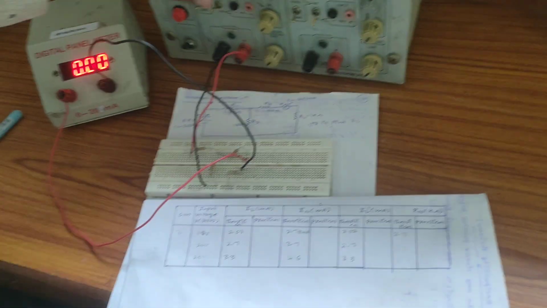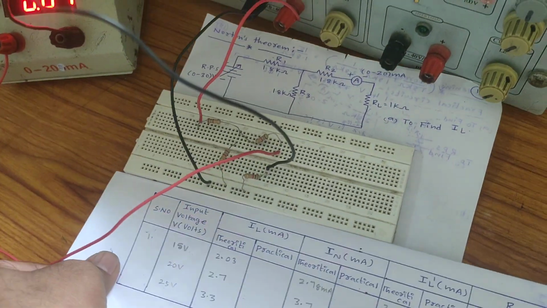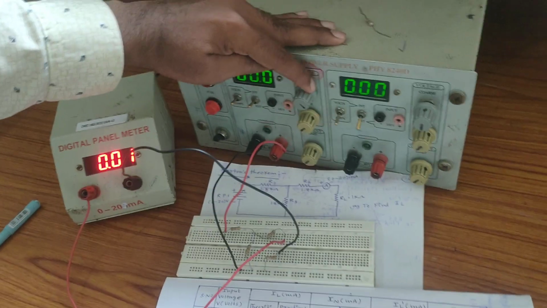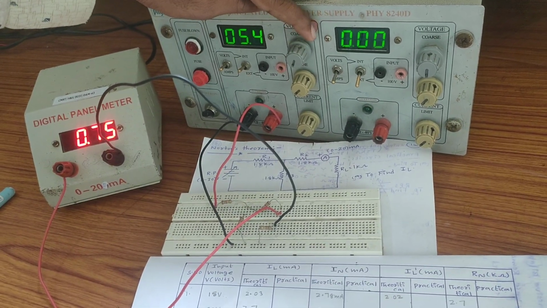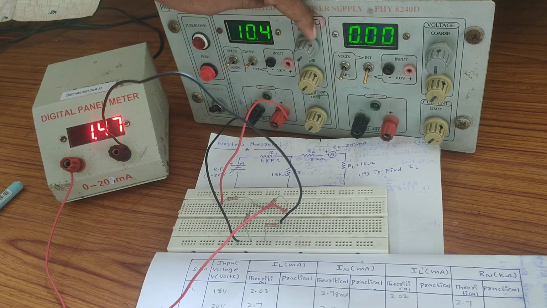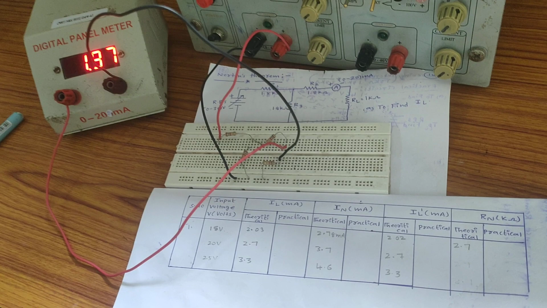Now we need to verify practically. By varying the RPS voltage in steps of 15, 20, 25, note down the corresponding ammeter reading.